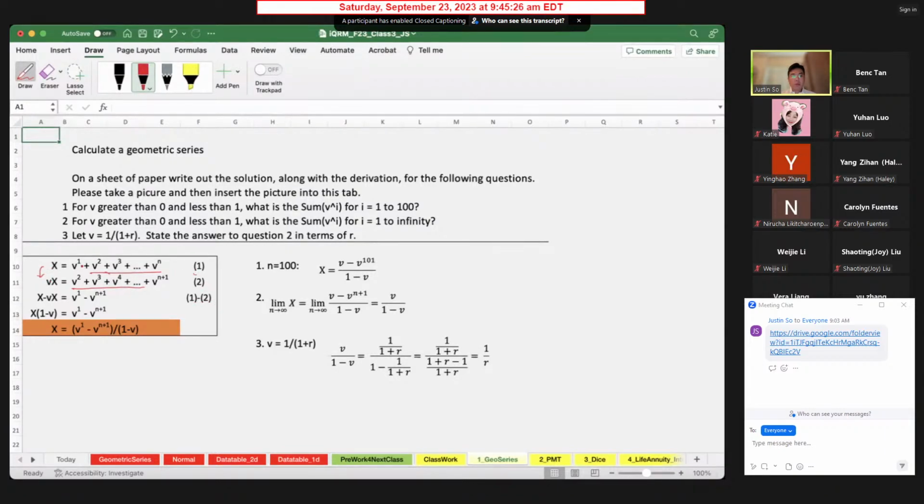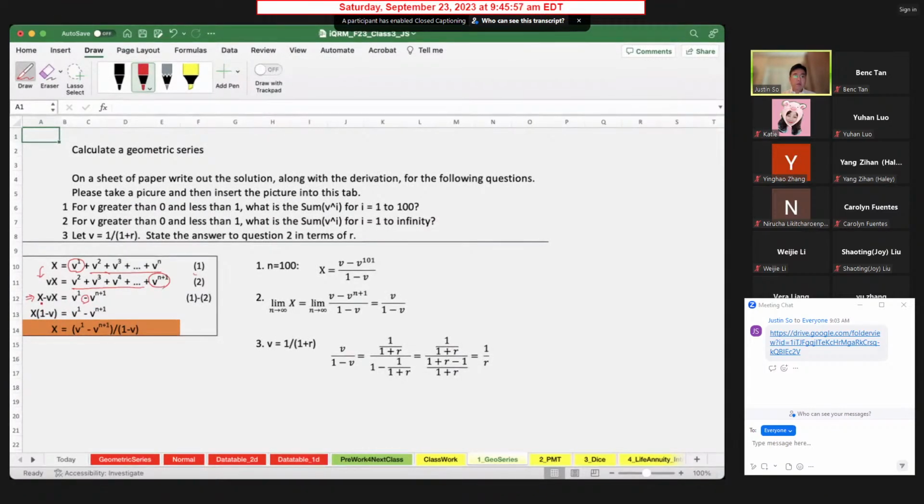This one minus this, X minus Vx, right? The common terms will be gone. The only ones left will be V and then V to the N plus 1, and the minus. This is the expression right here.